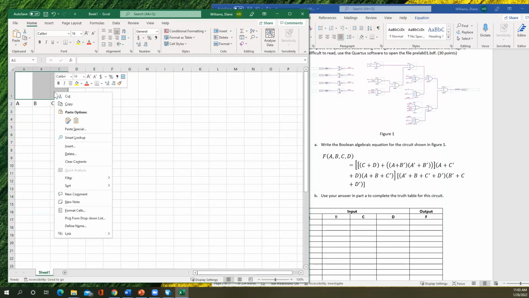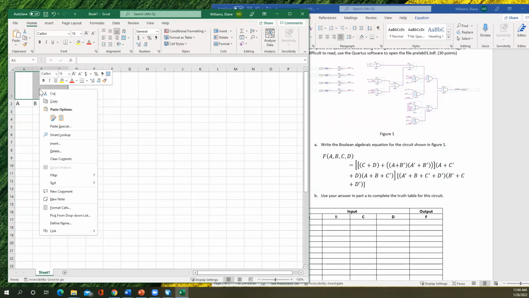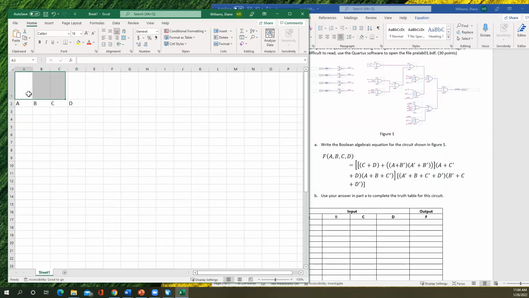These are our 4 inputs here, which we know have unique binary combinations.